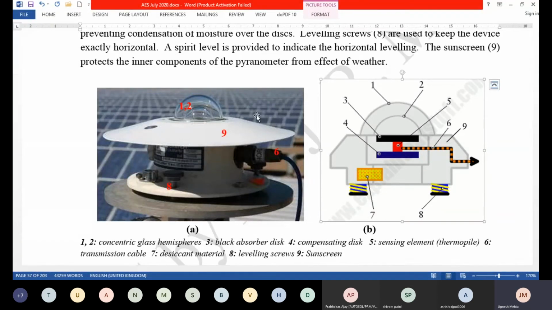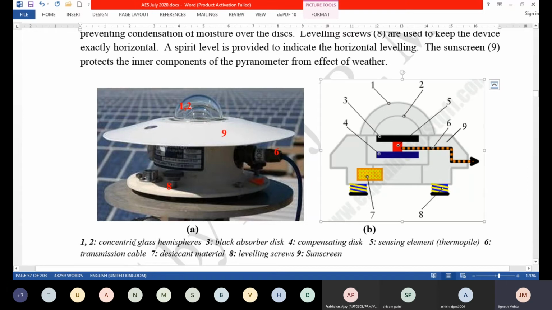A lot of compromises might have been made in the design of such a pyranometer, and normally all are imported still, even till date. A good quality pyranometer generally costs somewhere around, exceeding, 1.5 lakh rupees. So that's about a good quality pyranometer.